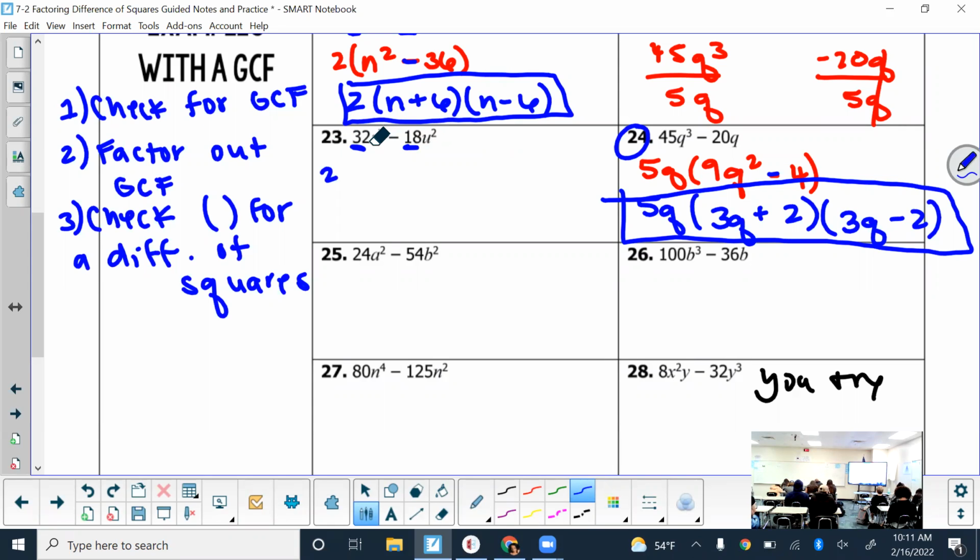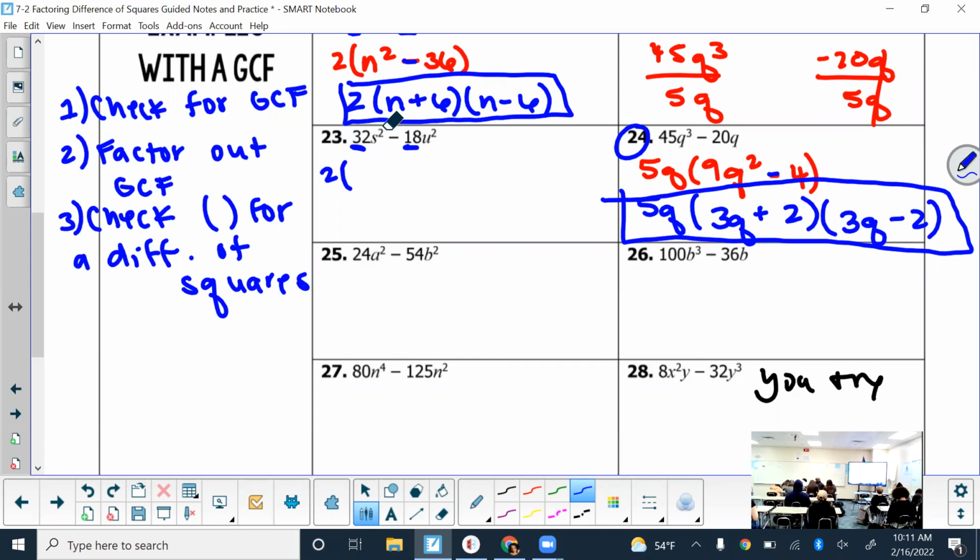Can I factor out an S from both? No, because they both do not have S's. Well, at least one of them does, but the other one doesn't. Can I factor out a U from both? All right, so my GCF is just the 2. So divide 2 from both of these.